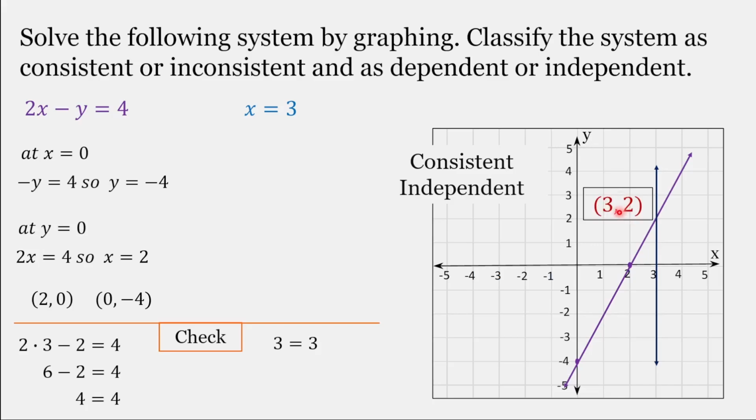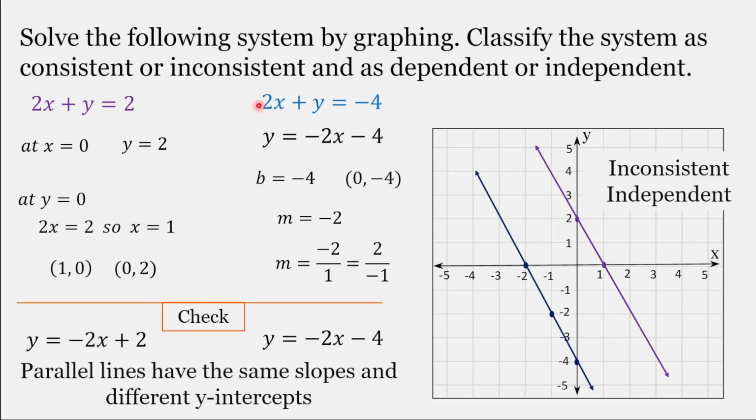So this system does have a solution, so it's consistent. And the equations represent unique lines, so it's independent. It's always a good idea to check your answer by plugging that solution back into both equations. You should get a true statement for both equations.